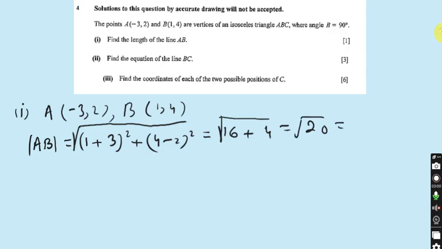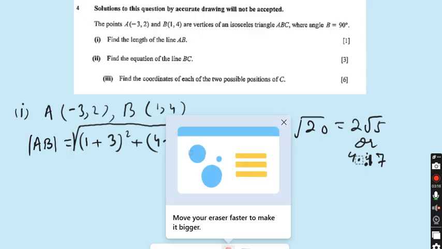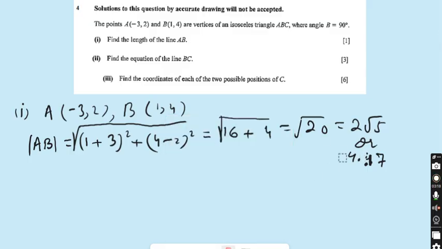You can write root 20 as 2 root 5, or if you want to write in decimal, it is 4.47. So this is the answer of part number 1.